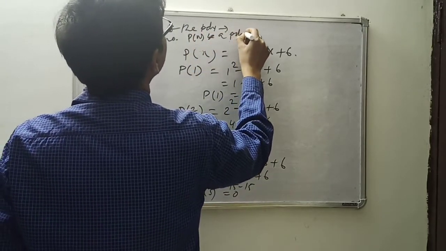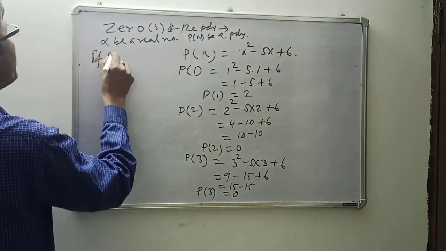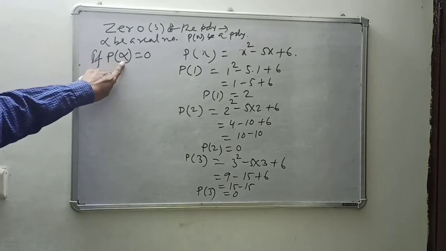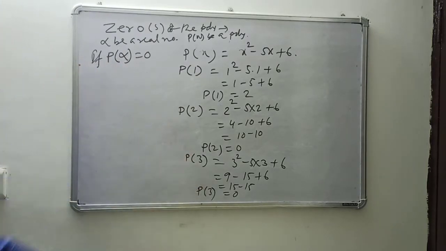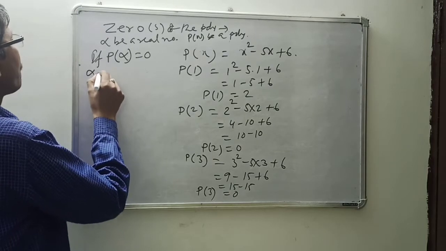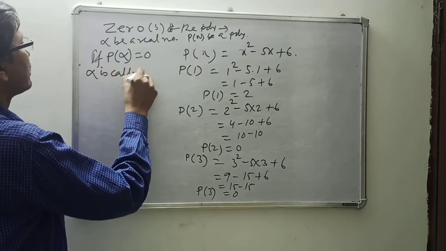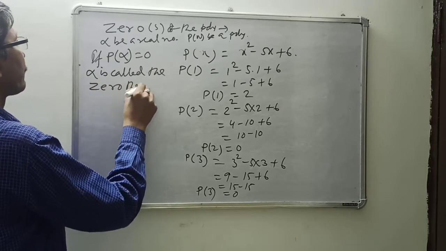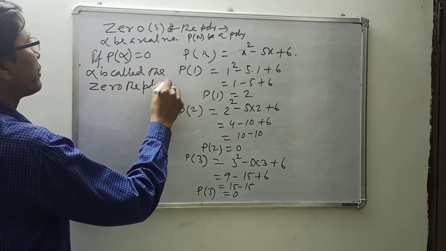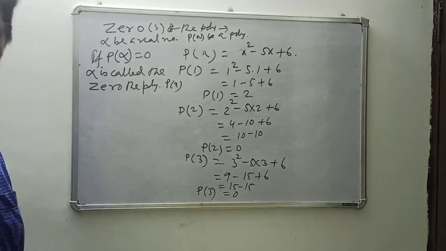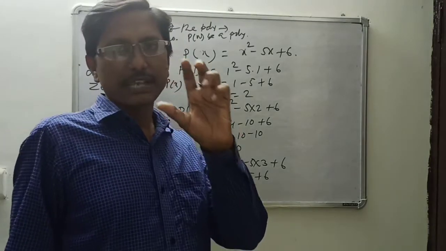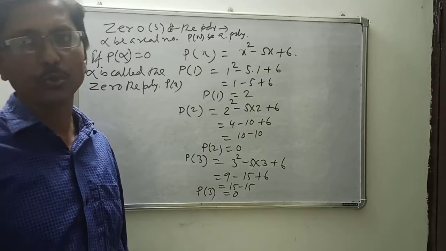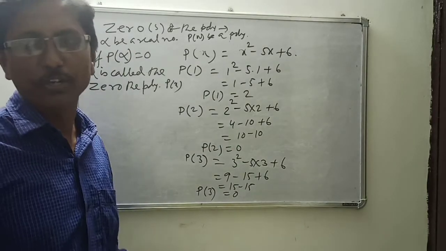If p(alpha) equals 0, that is, if in the place of x you put alpha, say 2, 3 like that, then alpha is called the zero of the polynomial p(x). So zero of the polynomial means the value of the variable for which the polynomial becomes 0. That is called the zero of the polynomial.